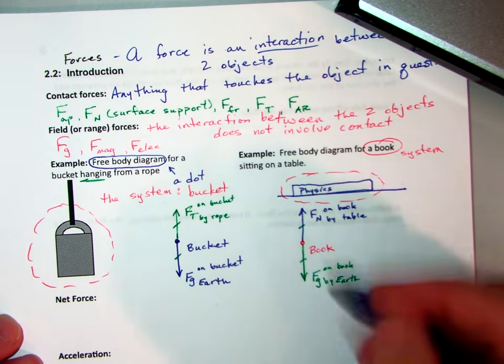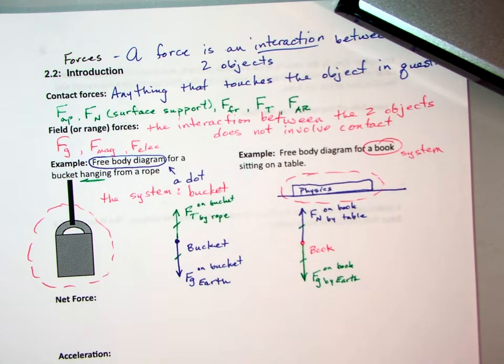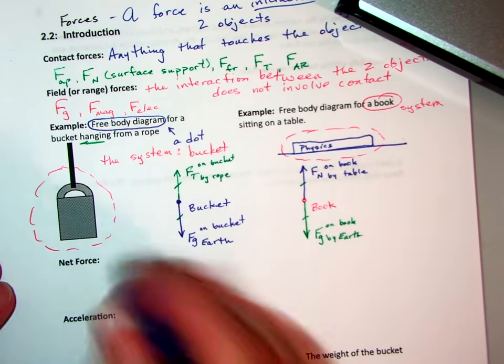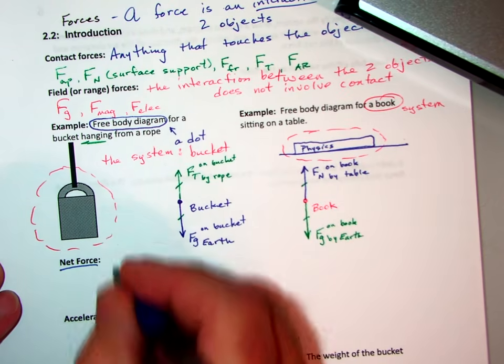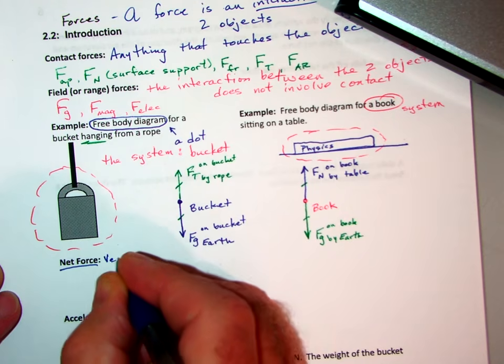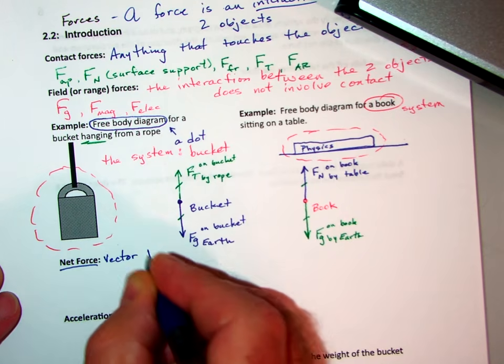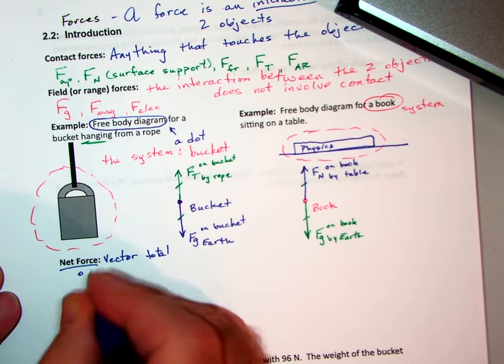What we say when these two forces are equal, or when we are talking about a combination of forces, is we talk about the net force. The net force is essentially the vector total of the forces.